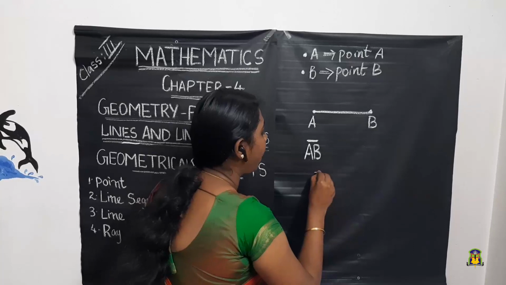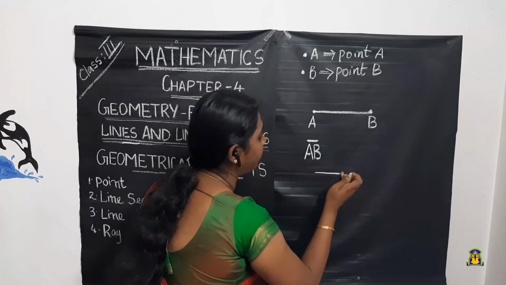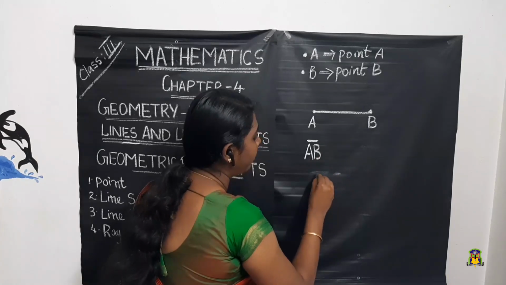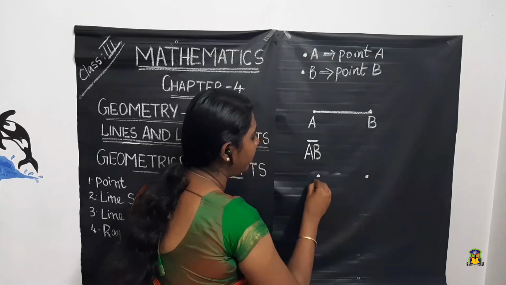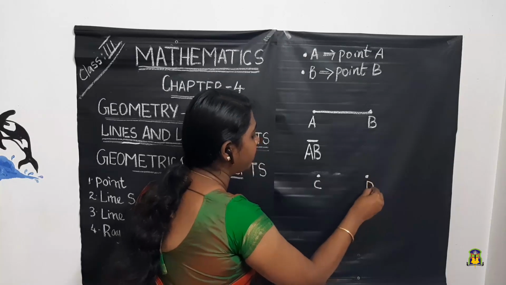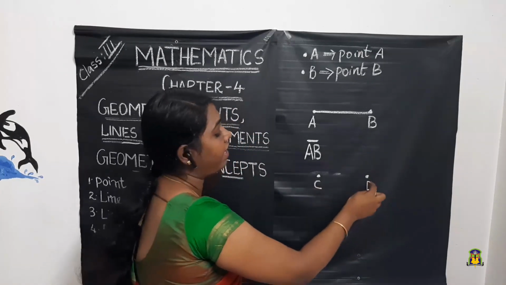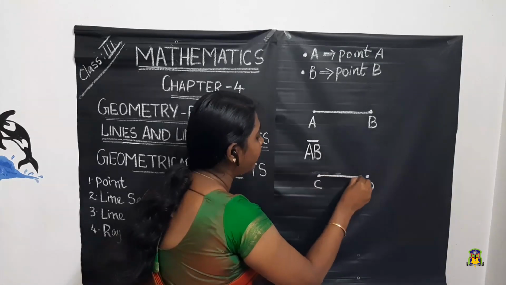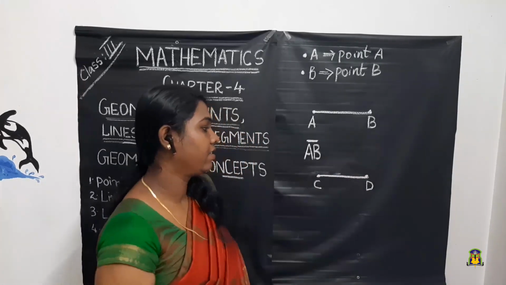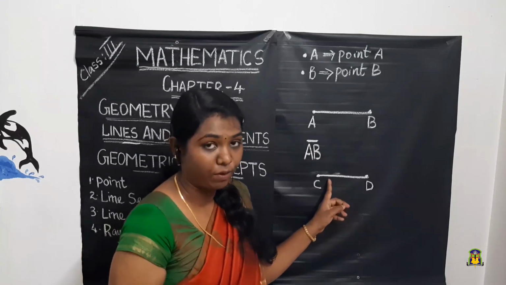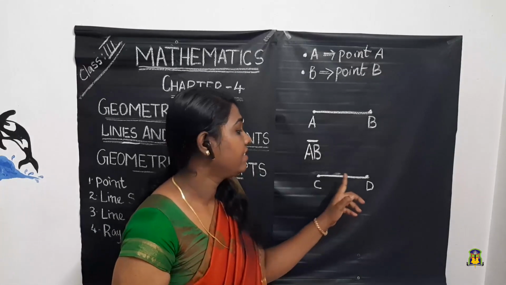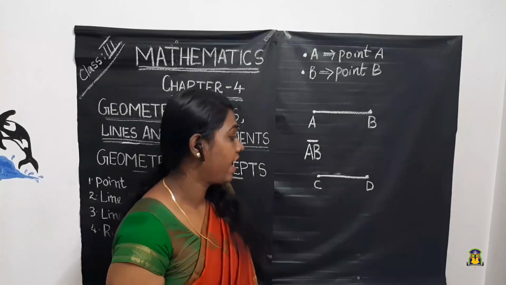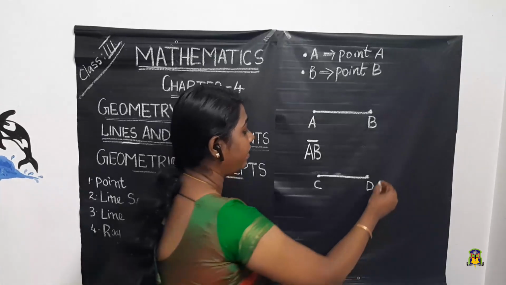Okay, then I will show you another line segment. Next I am going to make another 2 dots. Let it be C and D. So this is point C and this is point D. Now I am going to join these 2 points. So here also I have got a straight line. This straight line is called the line segment. And how will you represent the line segment?